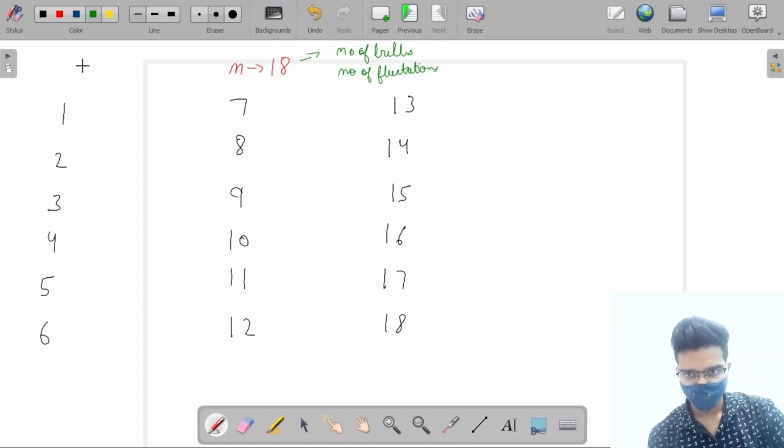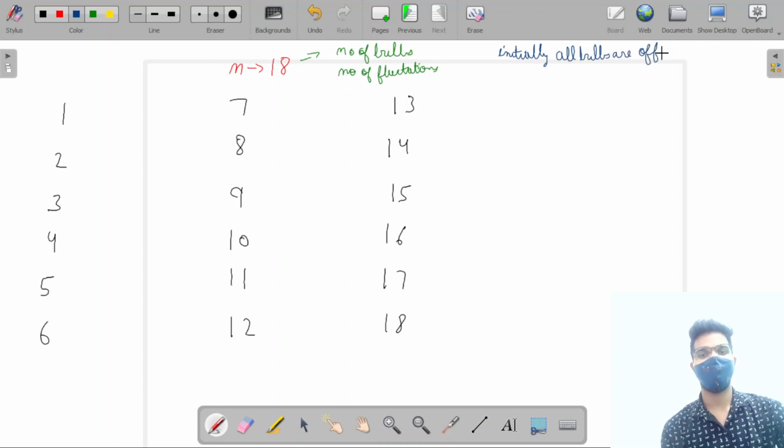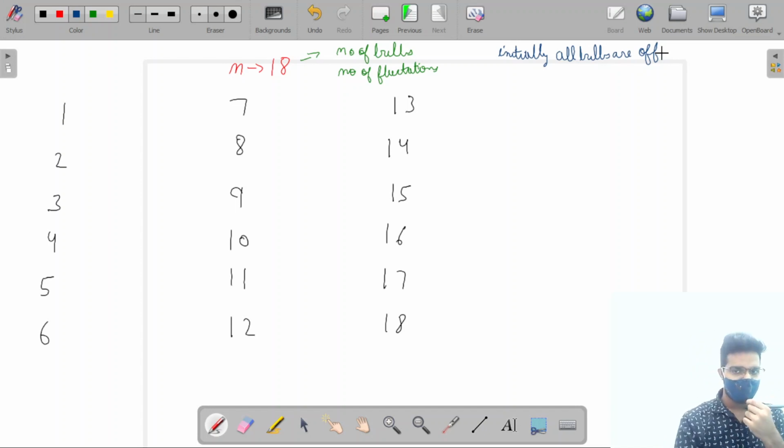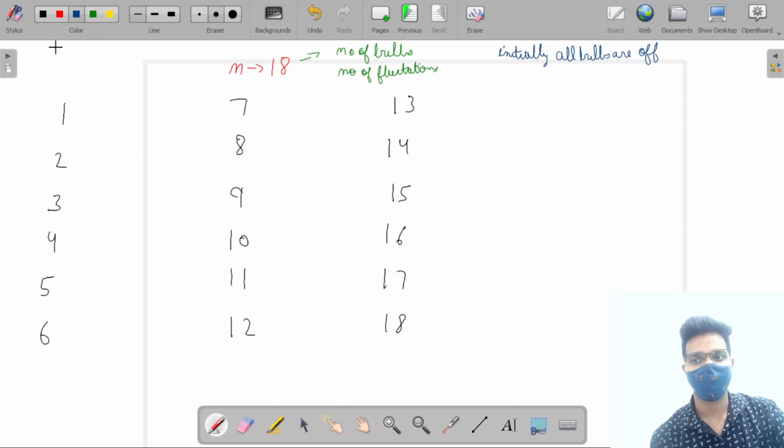Now, what we know is that initially all the bulbs are off. Well, that is given to us in our question. Now, we know that n number of fluctuations will happen. So let's see what will happen in the first fluctuation.